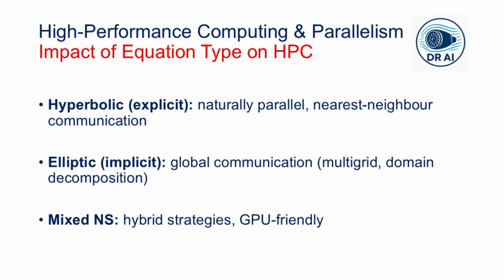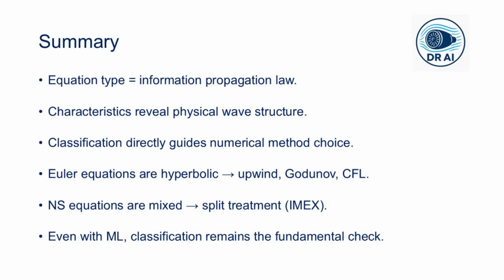Advanced techniques like multigrid and domain decomposition are needed, while the third one are the mixed type Navier-Stokes equations, in which modern solvers use explicit convection plus implicit diffusion. Splitting achieves high throughput on the GPUs and heterogeneous architectures.